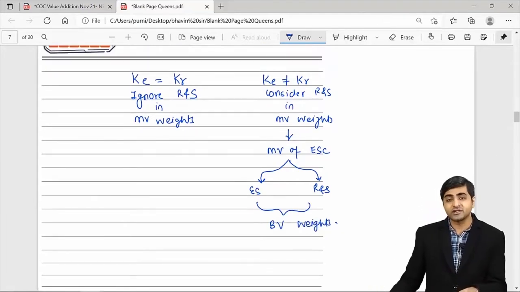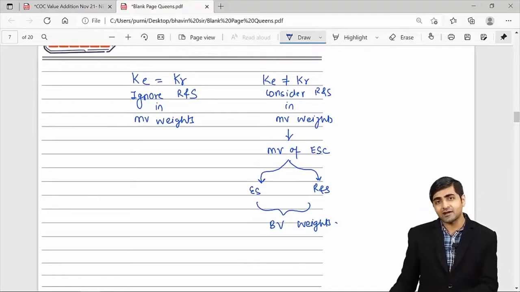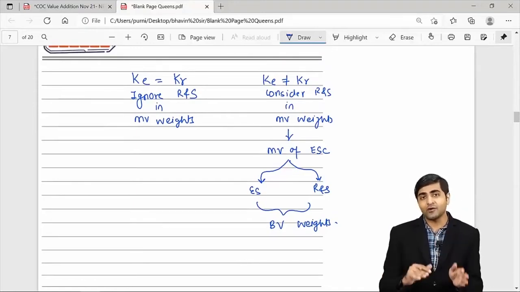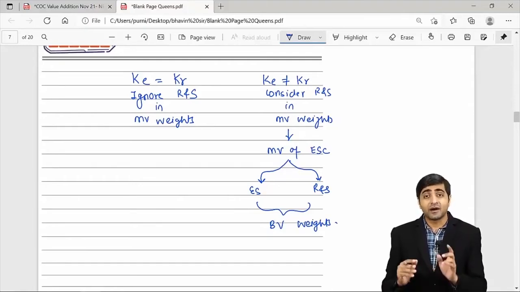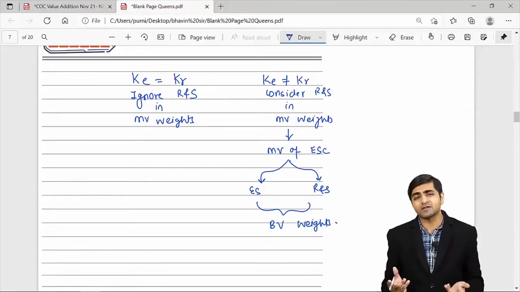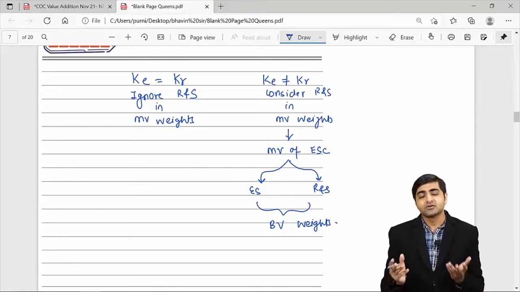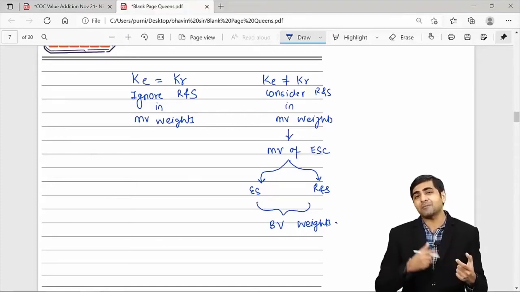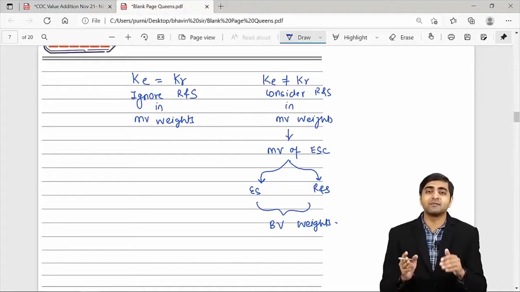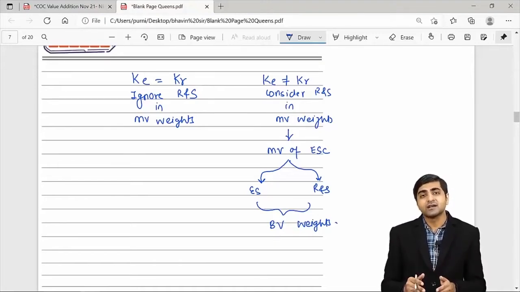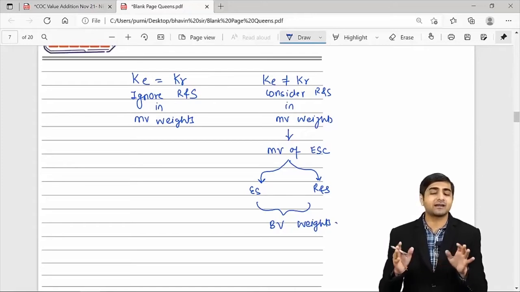In usual situations your KE is equal to your KR, so in book value weights definitely we consider your reserves and surplus, but in market value weights we tend to ignore it because market value of equity is after considering the impact of your reserves and surplus. So that is why your KE is equal to KR. So even if you bifurcate the market value of equity into equity share capital and your reserves and surplus, in that situation also your answer will be the same, because your KE and KR both are the same.